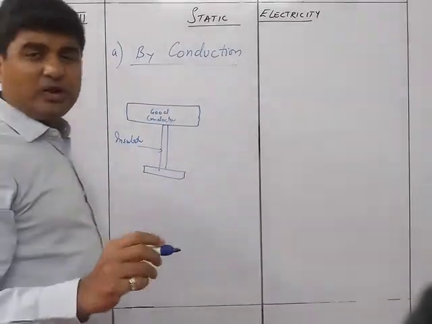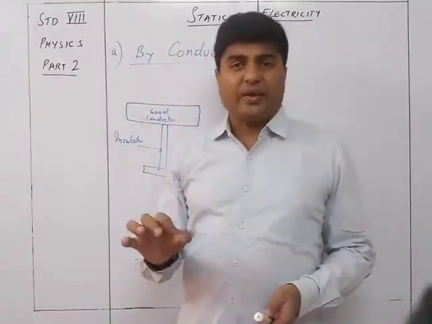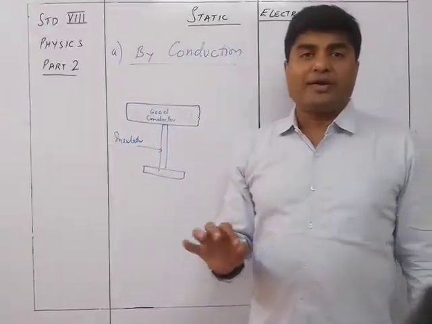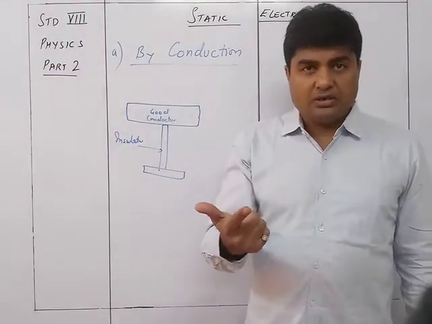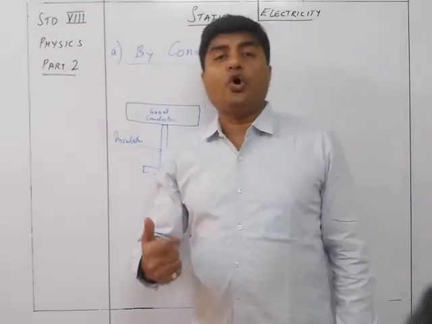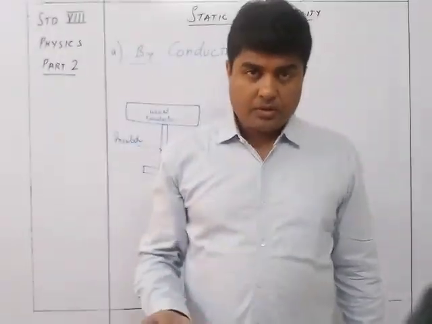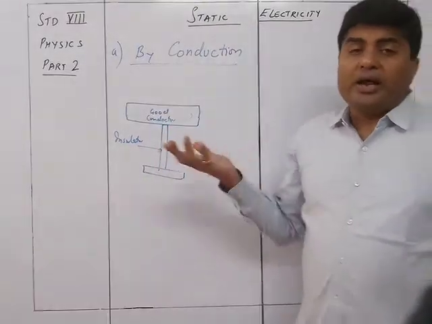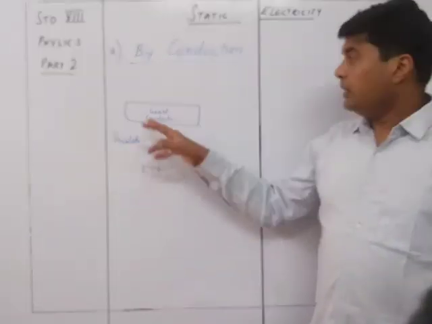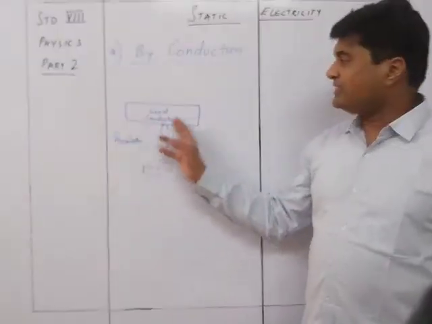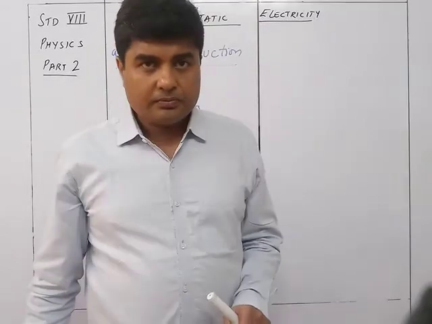We are seeing to it that the metal rod is placed in such a way that it is not coming in contact with any person or any good conductor, which could allow the flow of electrons from itself to somebody else. Insulating material will not allow the flow of electrons. So whatever charge is present on the good conductor will remain inside the good conductor only.